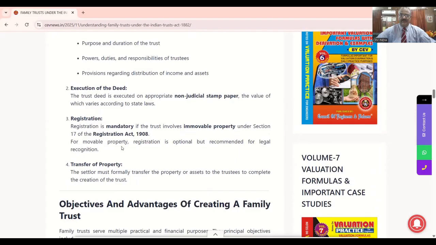For movable property, registration is optional, but recommended for legal recognition.